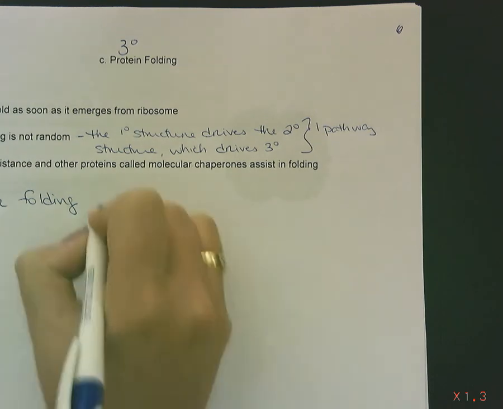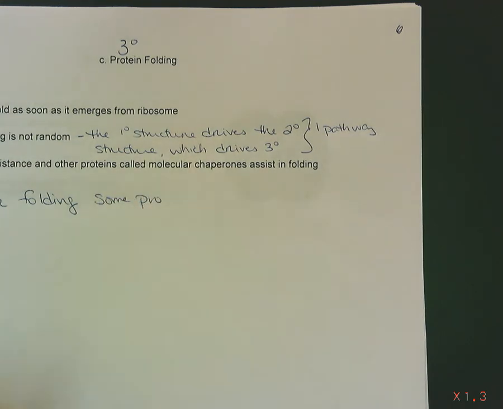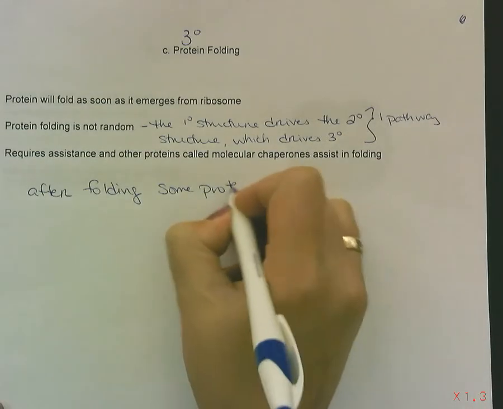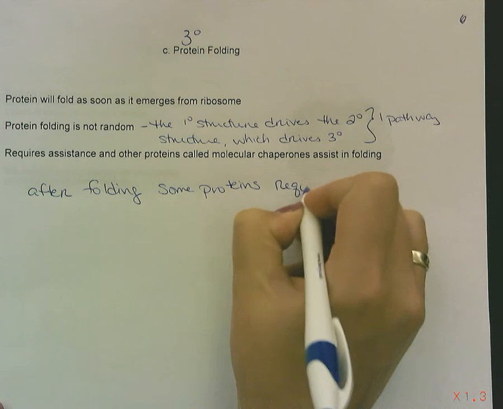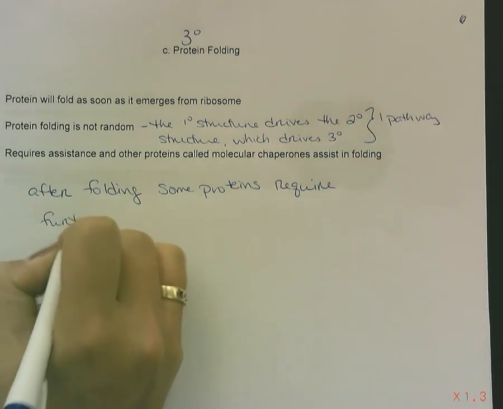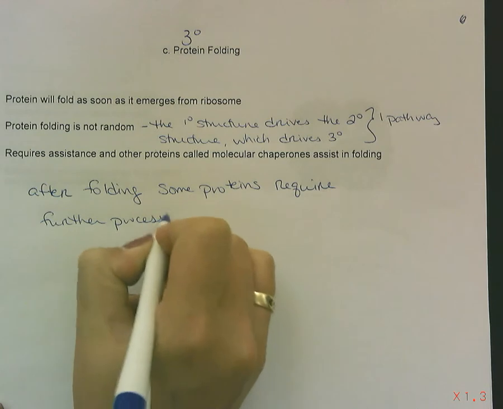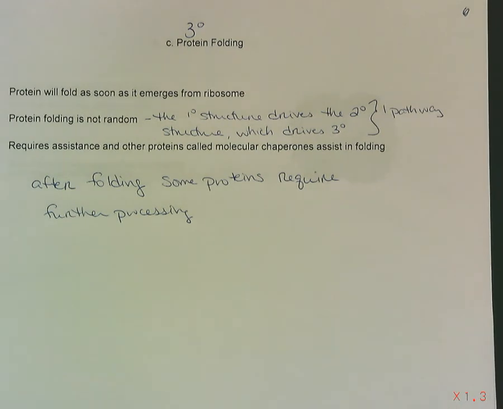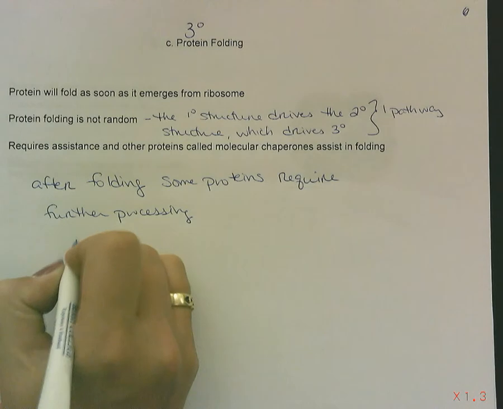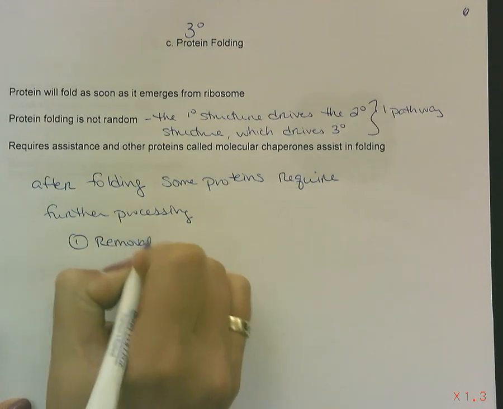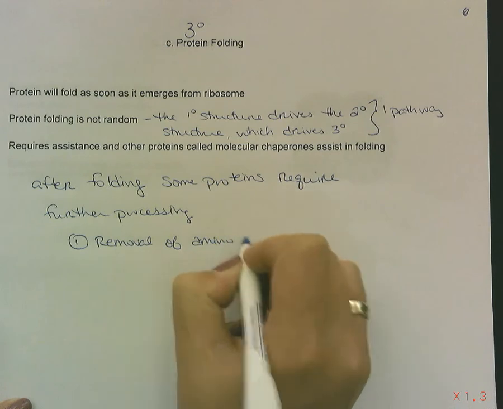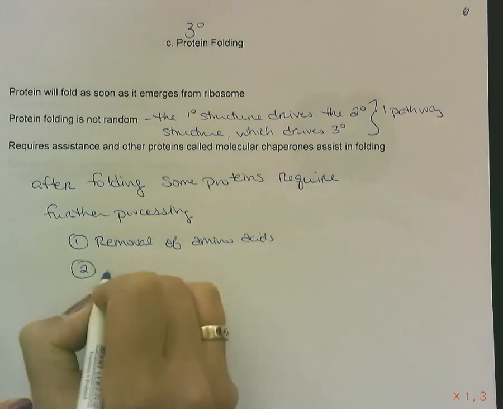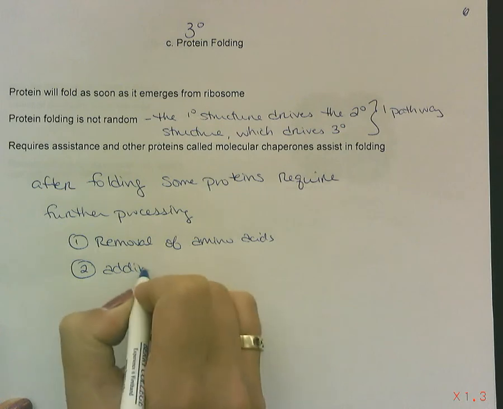Then after folding, some proteins require further processing. We've made our final 3D structure, and we'll look at specific examples of this. It especially happens with mRNA and some of these other ones. They require either removal of amino acids, or addition.